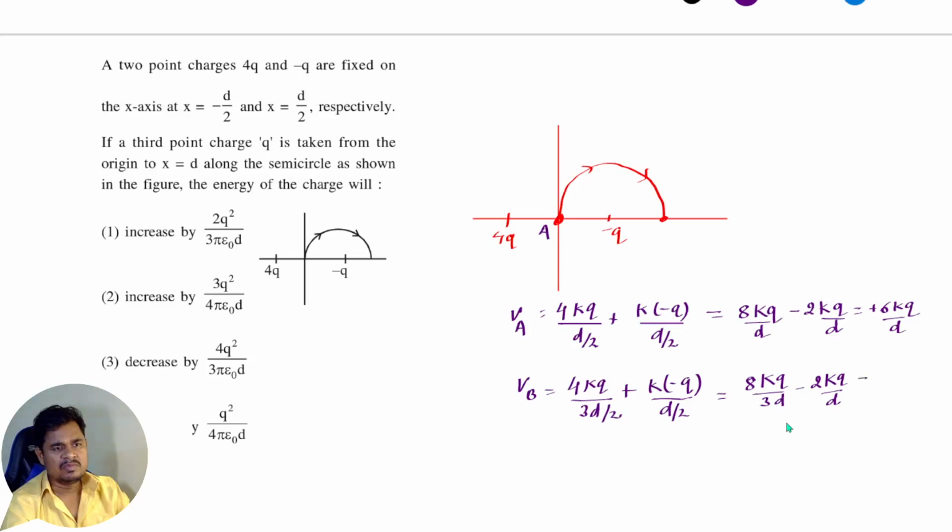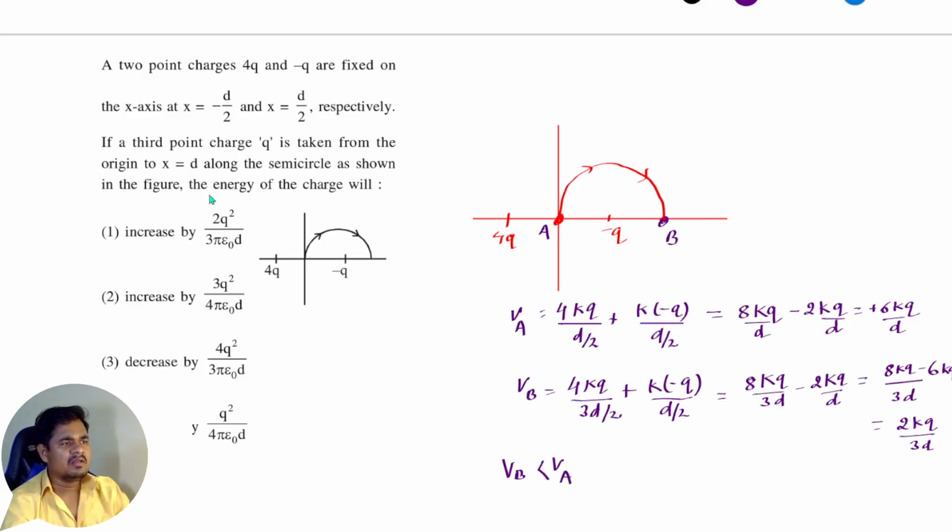So this will become, with 3d in the denominator, 8kq minus 6kq, that is 2kq by 3d. So you can see that at A and at B, the potential at B is lesser than VA.